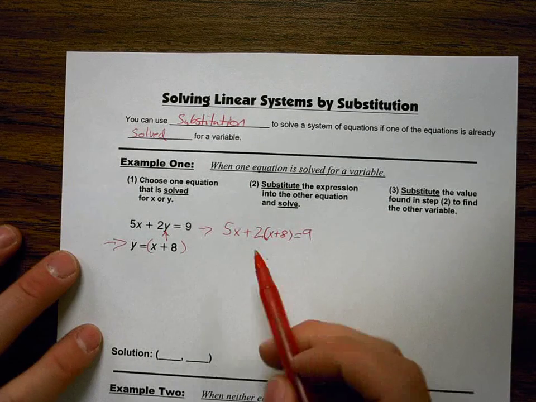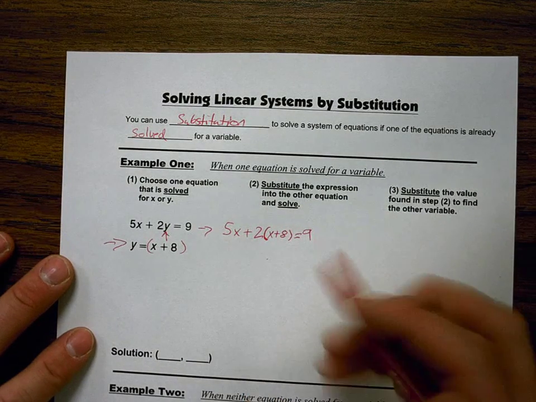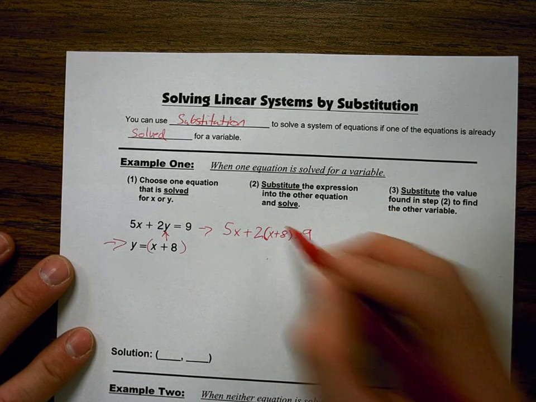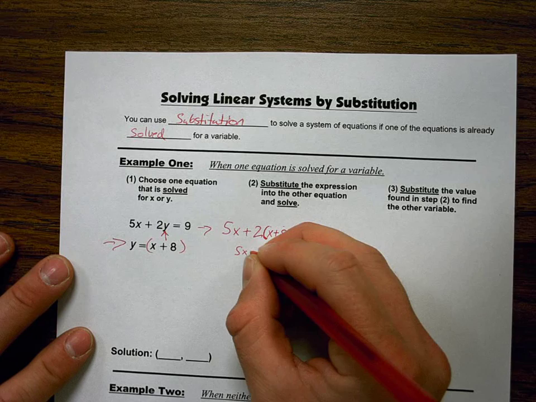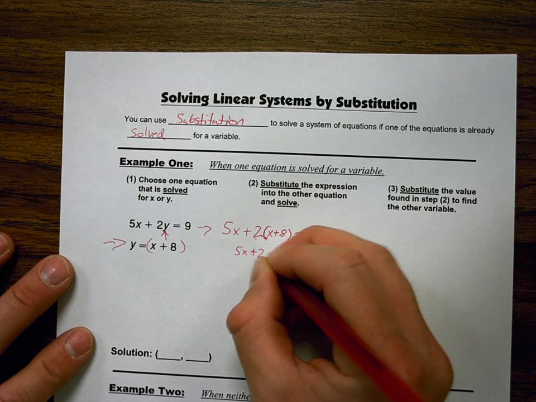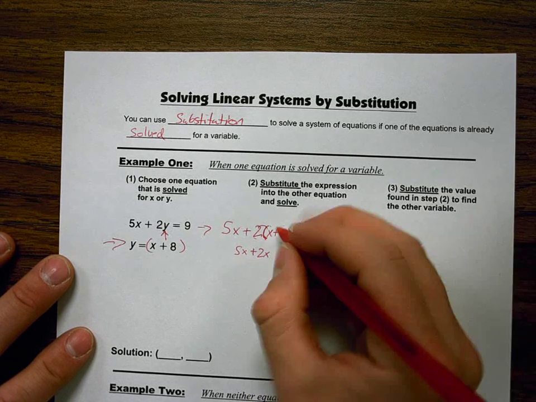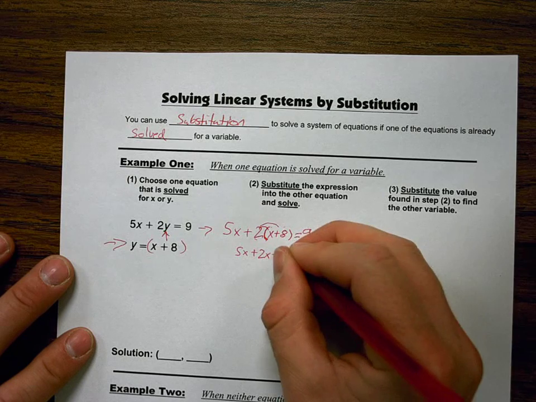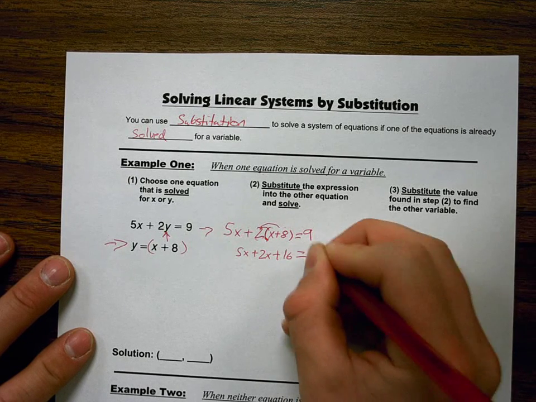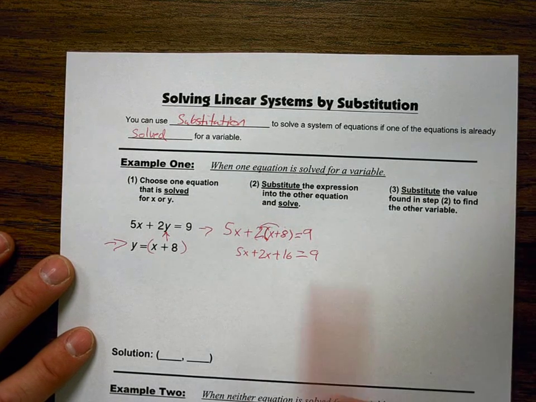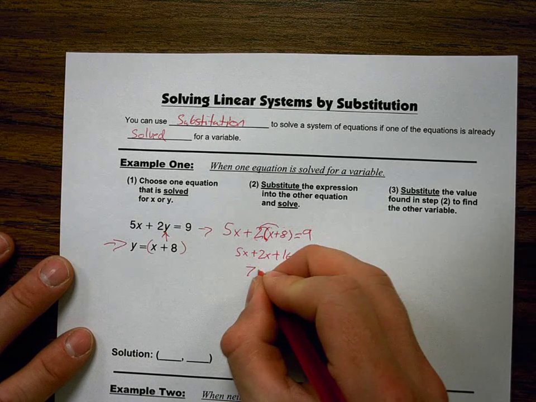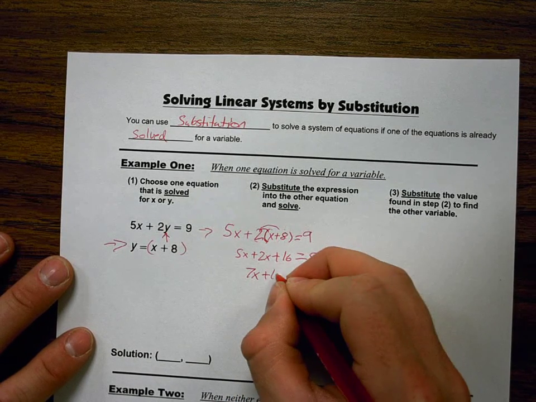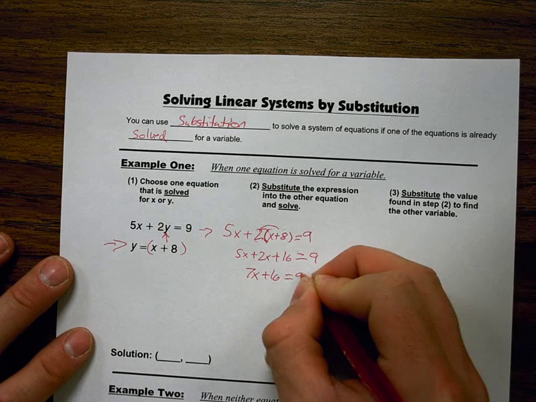Now I have the ability to solve for x. To do that, distribute the 2. So 5x plus 2x, 2 times 8 plus 16 equals 9. Next, combine like terms. 7x plus 16 equals 9.